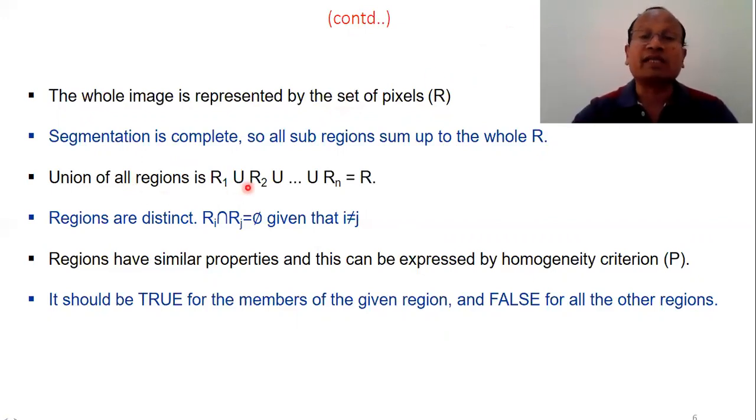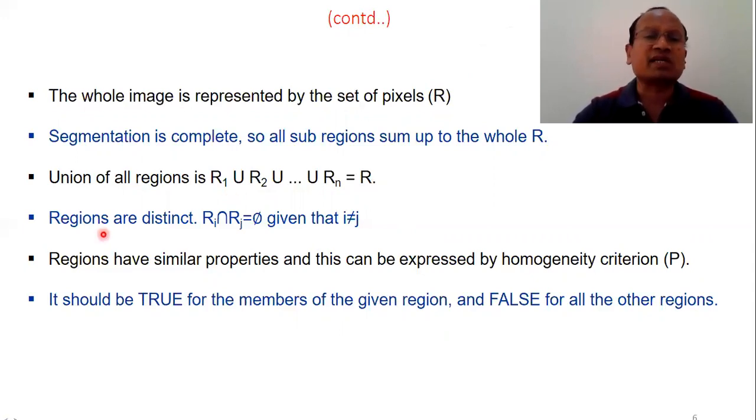So if you calculate the union of R1, R2, R3, R4, up to Rn, the different small regions which have been segmented, this will give you R.